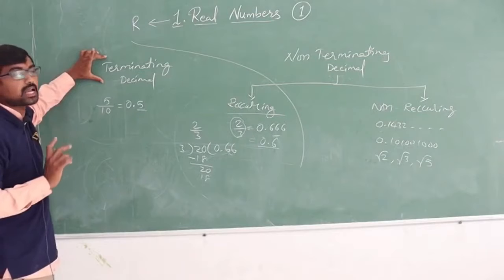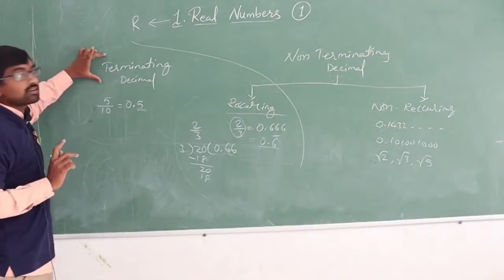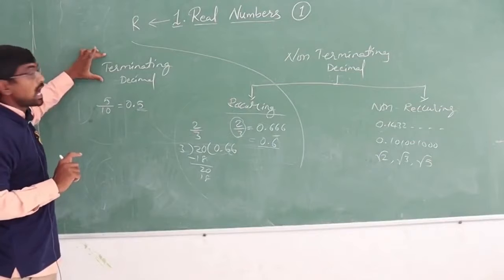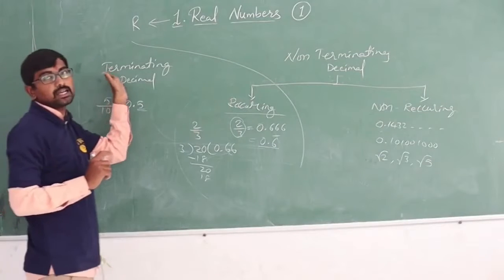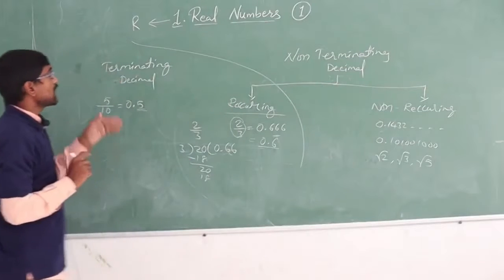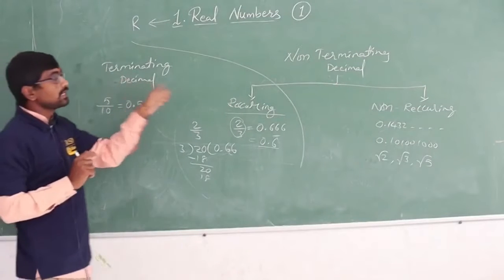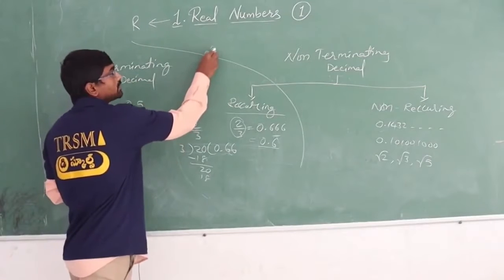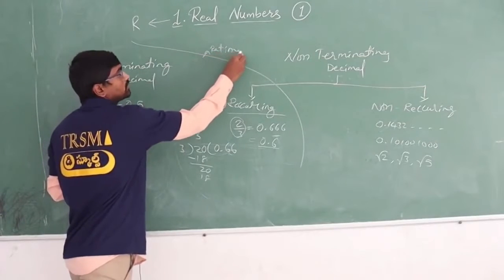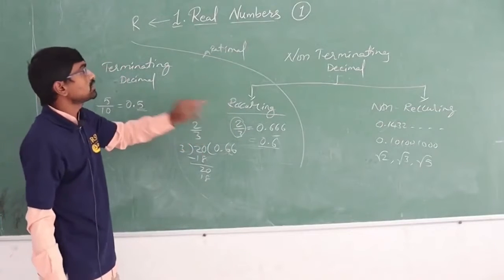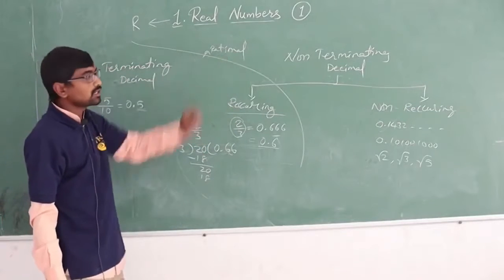And one more point we can add: whenever we convert that p by q into decimal form, the decimal forms are terminating and recurring. The numbers which have terminating and recurring decimals are called rational numbers.